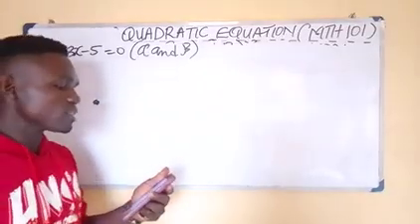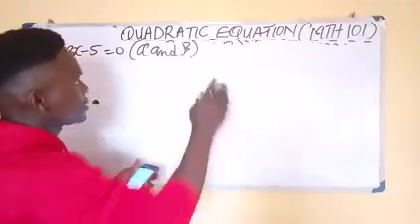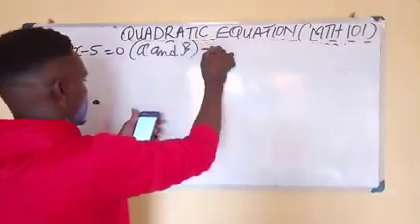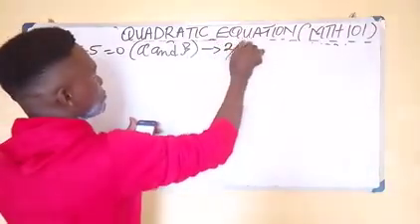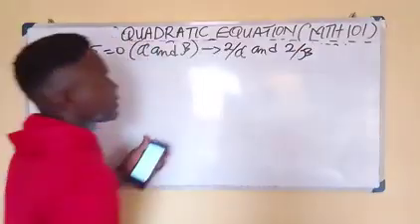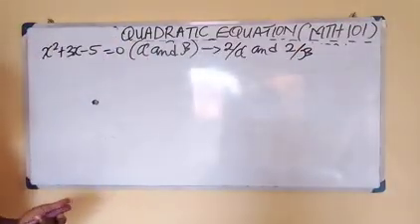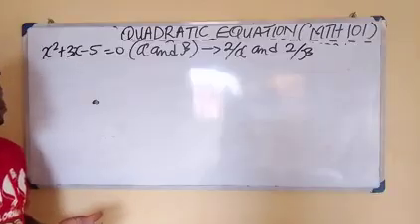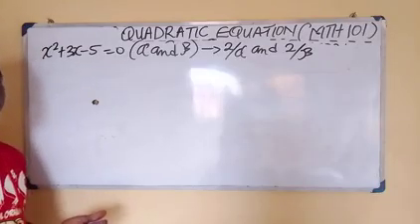Find a quadratic equation whose roots are 2 over alpha and 2 over beta. Find a new quadratic equation whose roots are 2 over alpha and 2 over beta.